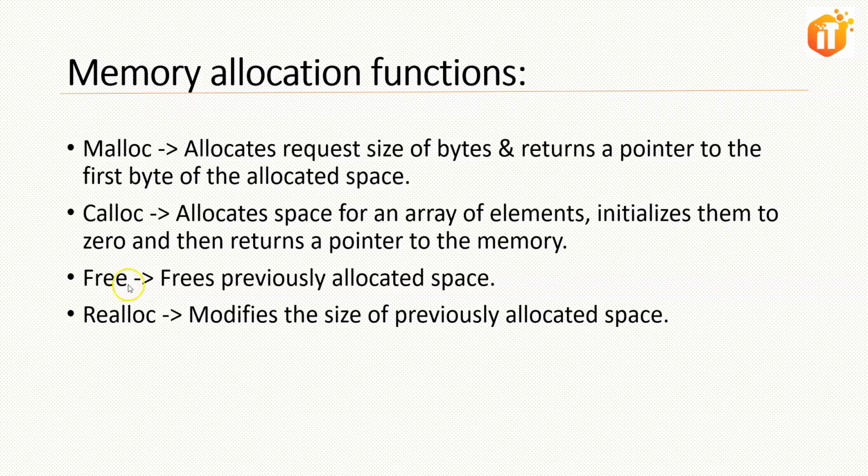Coming to free, it frees previously allocated space, whether allocated with malloc, calloc and so on. Coming to realloc, it modifies the size of previously allocated space. So in this session, let us learn how to use malloc.